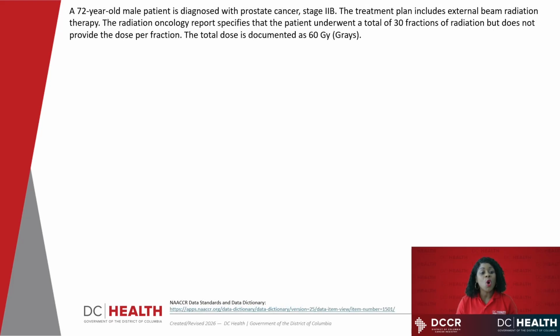A 72-year-old male patient is diagnosed with prostate cancer, stage 2B. The treatment plan includes external beam radiation therapy. The radiation oncology reports specify that the patient underwent a total of 30 fractions of radiation, but does not provide the dose per fraction. The total dose is documented as 60 gray.